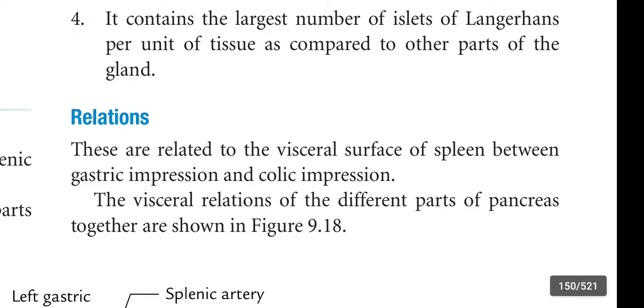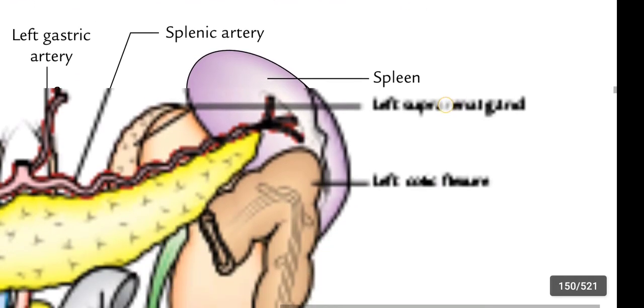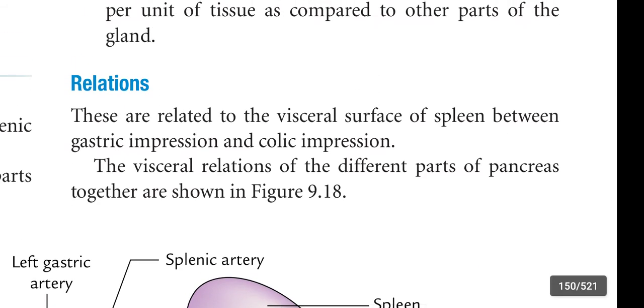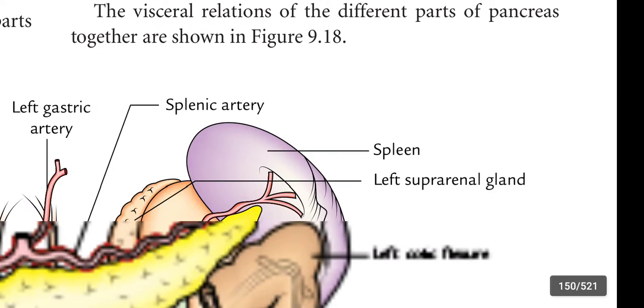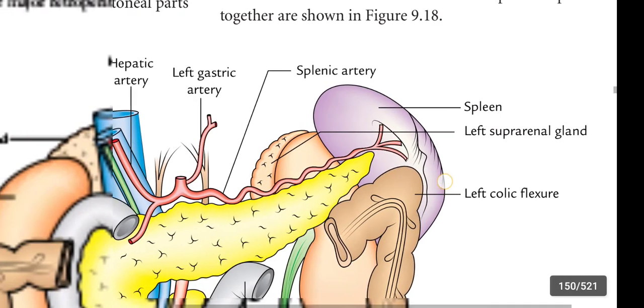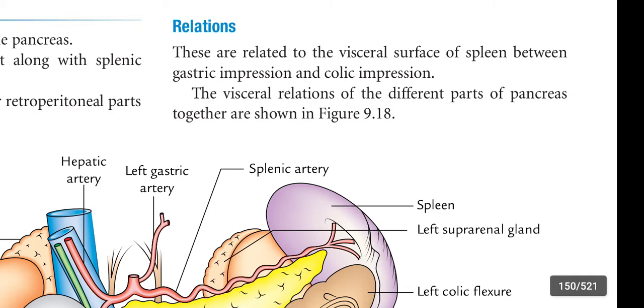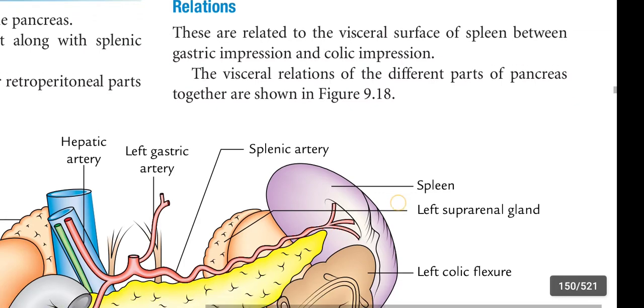These are related to the visceral surface of the spleen, between the gastric impression and the colic impression.